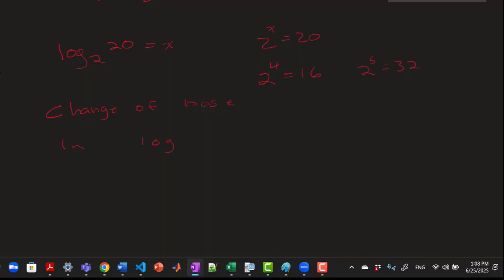So let's do a little proof over here to show why the change of base formula works. So let's say that I have the log base 2 of 20 and I know that that equals some x, and I want to figure out what x that is.